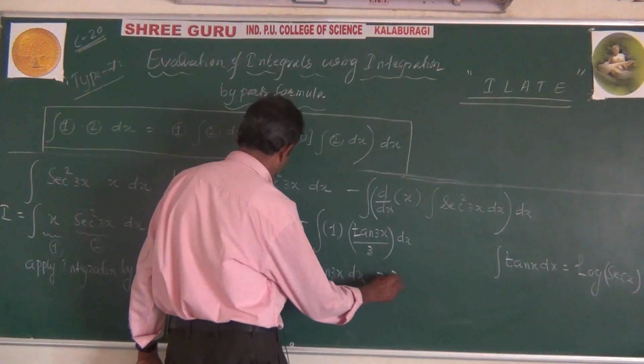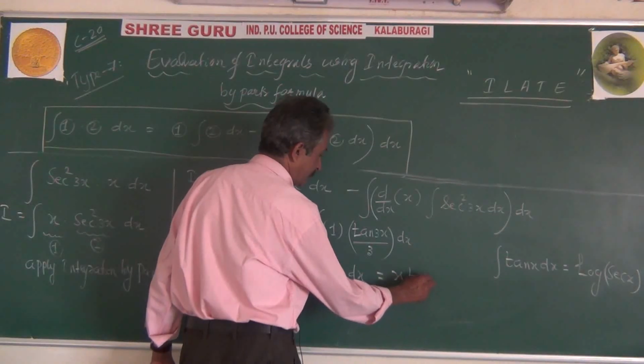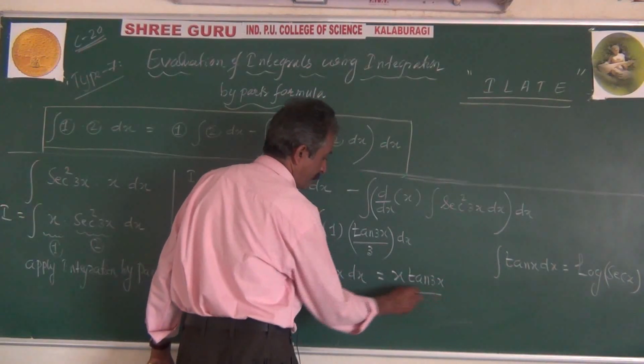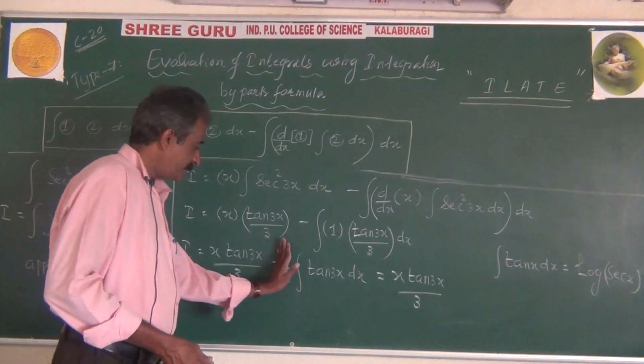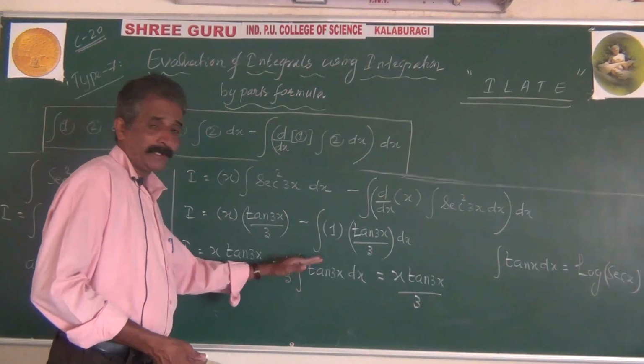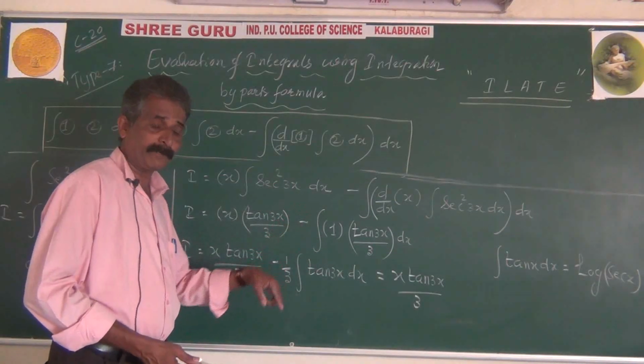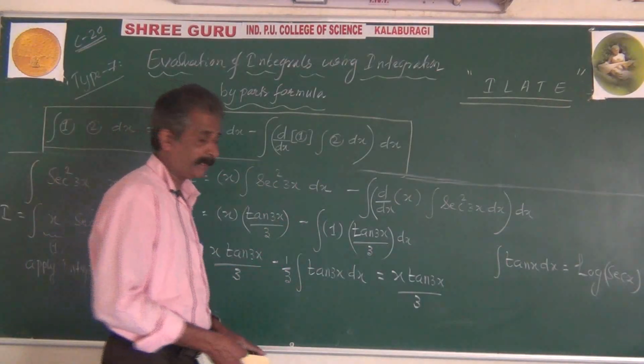So that is equal to x tan 3x by 3. 1 by 3 remains the same, whereas integration of tan 3x is log of sec 3x by 3. By 3 by 3 becomes by 9.